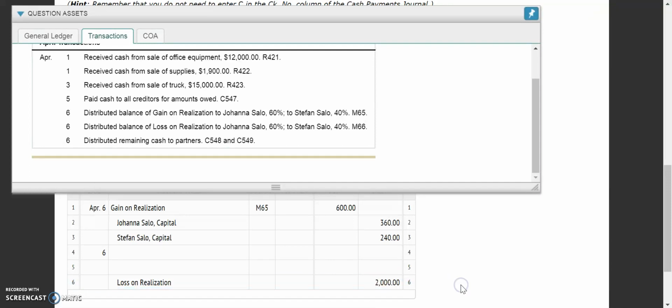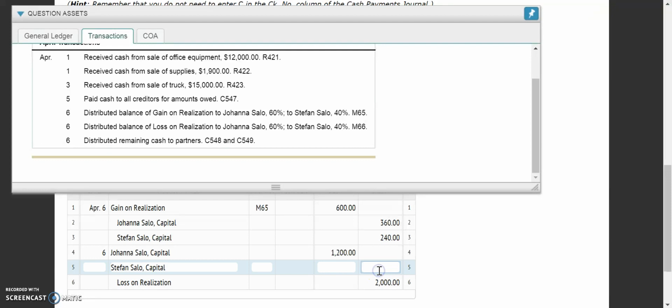And since it's a loss, that means it's going to reduce the owner's capital account. So what we need to do here is put Joanna Salo capital and Stefan Salo capital. And again, because it is the 60% and 40%, we take 60% of 2,000 and we end up with $1,200.